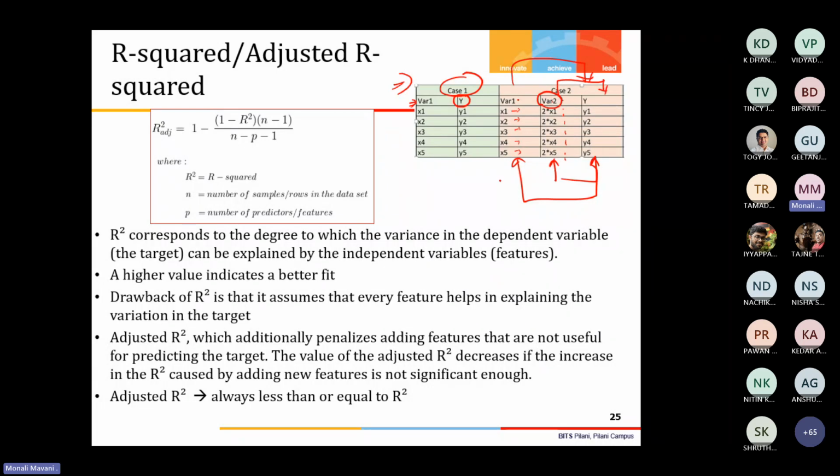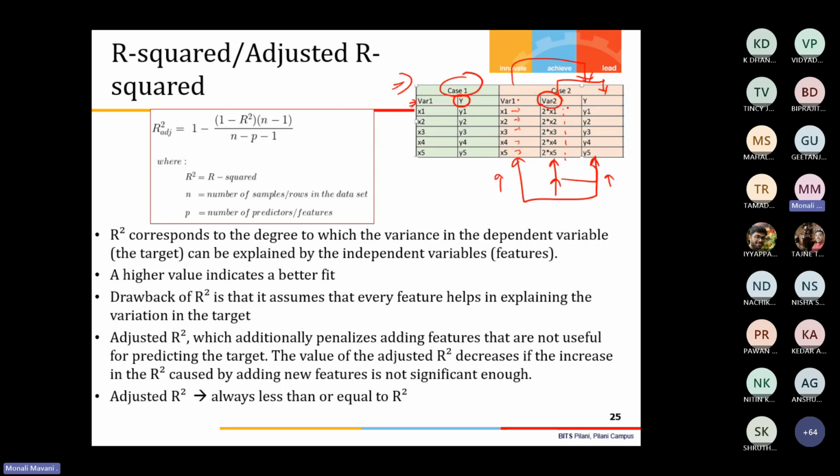That means if variable 1 is increasing, maybe the y value is also increasing. So whatever correlation exists between variable 1 and y, the same correlation exists between variable 2 and y. Then what is the use of variable 2? In other words, variable 2 will not contribute to the prediction because its correlation is the same as variable 1.